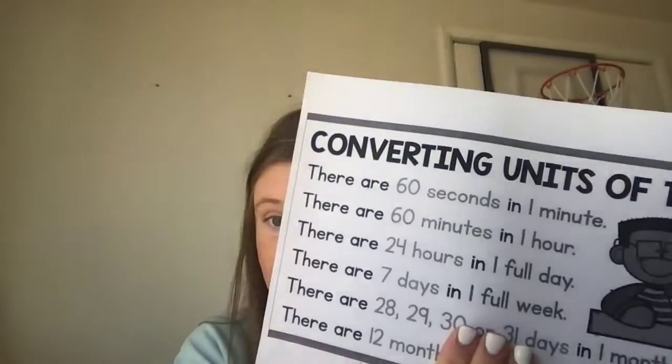Well, how many seconds are in 1 minute? 60 seconds, right? So if there's 60 seconds in 1 minute, how are we going to figure out how many seconds are in 5 minutes? Multiply it, right? So we're going to go 60 times 5. So what's 60 times 5?